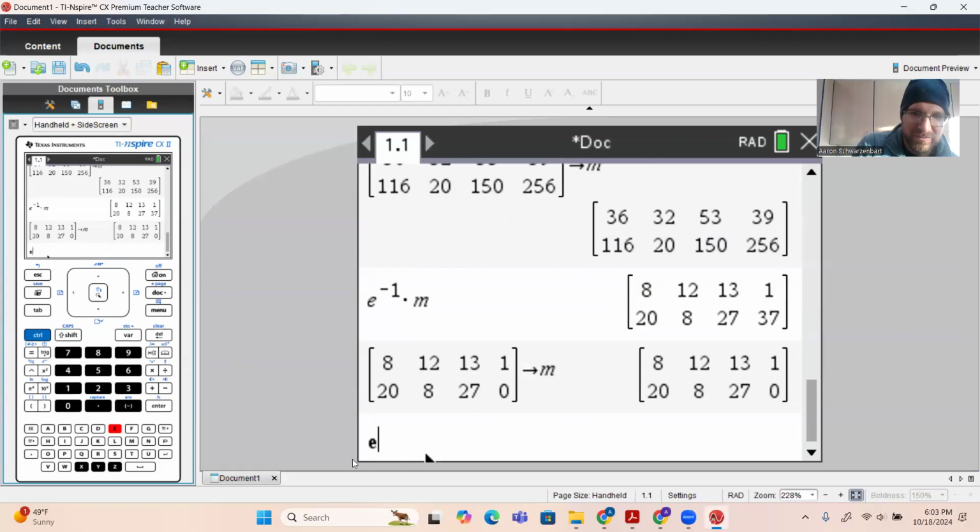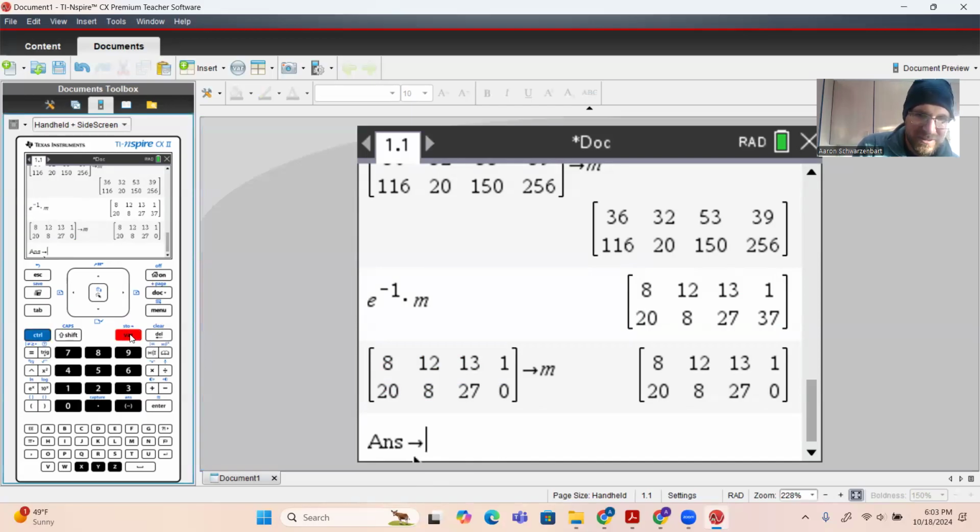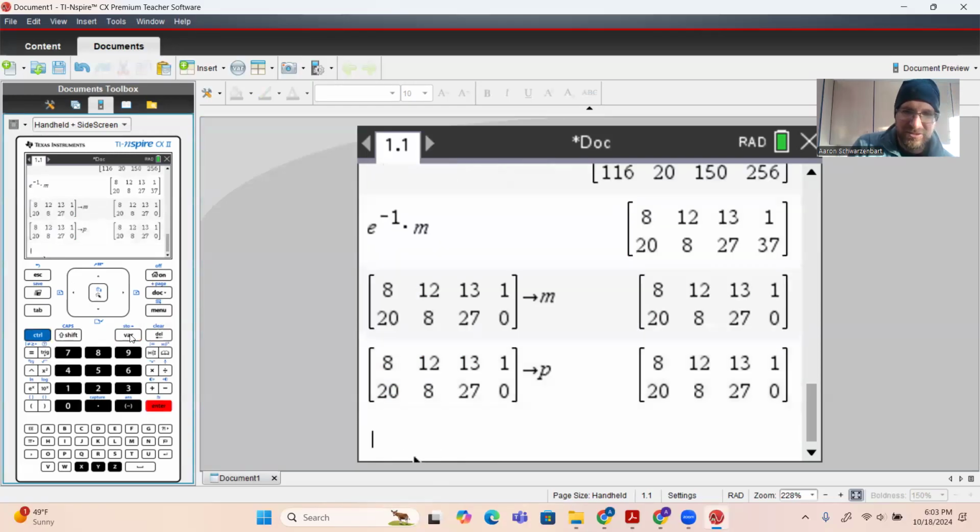No, I don't want that as M. I need to start as P. Oh, wait. Just for kicks and giggles. So all I'm doing is switching the 37 to a 0 to see if it matters, because I don't know if it will or not.